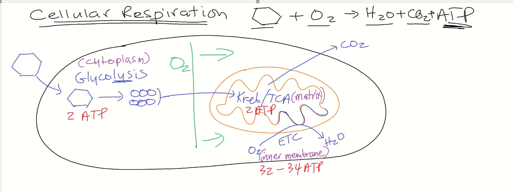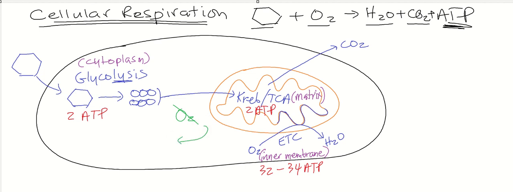But sometimes that's not the case. When we're working out hard or for very long periods of time, you always need to make ATP, but there may not be sufficient oxygen.